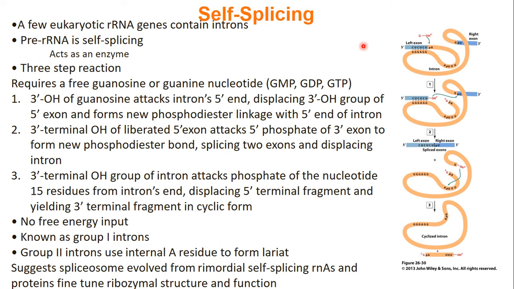And it's a three-step reaction, and you need a free guanosine or a guanine nucleotide for this reaction to take place. So what happens is that the 3' hydroxyl of guanosine will attack the intron 5' end as shown here. And what happens is that the 3'-OH hydroxyl is now free of the exon.